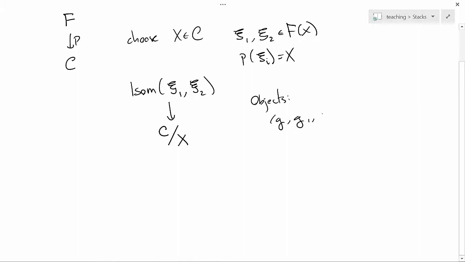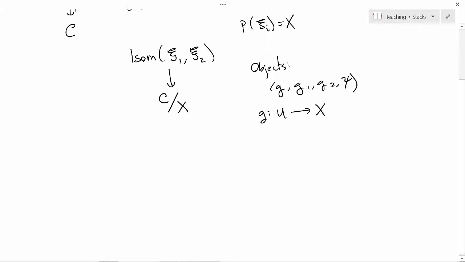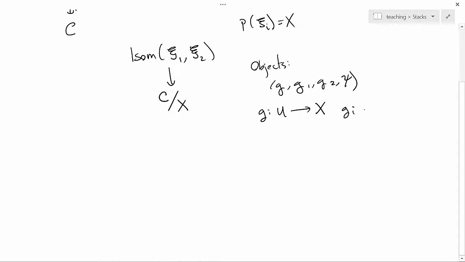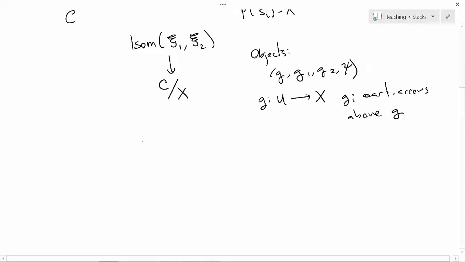Let's say G, comma G1, comma G2, comma psi, where G is going to be some map, some object in the comma category, some object mapping to X, and the Gi's are going to be Cartesian arrows above G, so we have something like the following, whose target is going to be the Ci's.